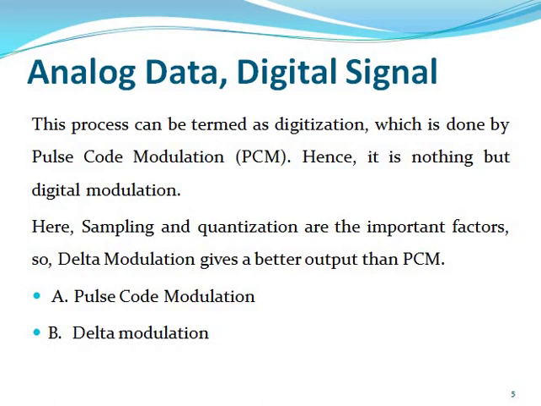The topics of pulse code modulation and delta modulation are completed. So this is the basic modulation chapter, complete for analog and digital data. So the sampling and the importance of modulation and demodulation are completed.